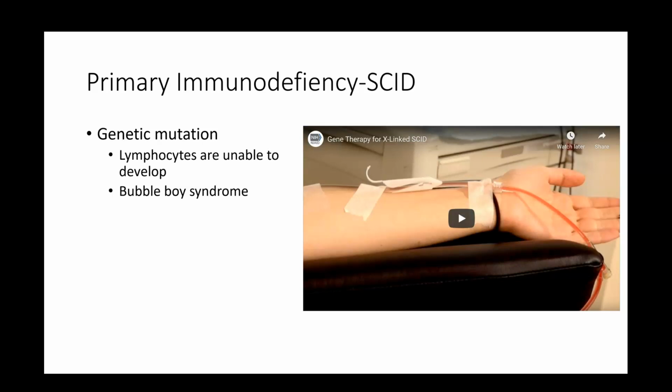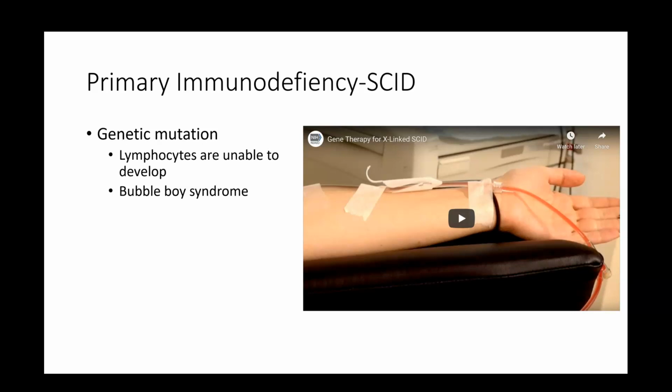What happens here is it's almost always some type of genetic mutation that causes our lymphocytes to not mature and basically not get out of the bone marrow. I think there's some immunodeficiencies where the T cells can get out, but they don't get past the thymus. But essentially, to not make it too complicated, our lymphocytes are unable to develop properly.